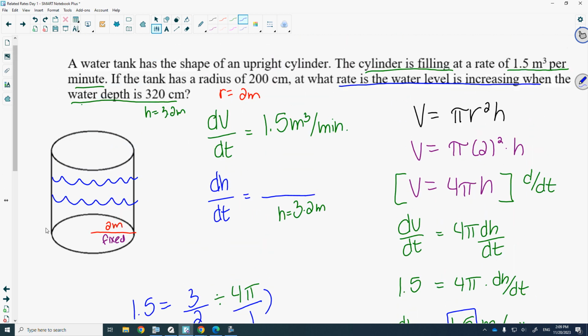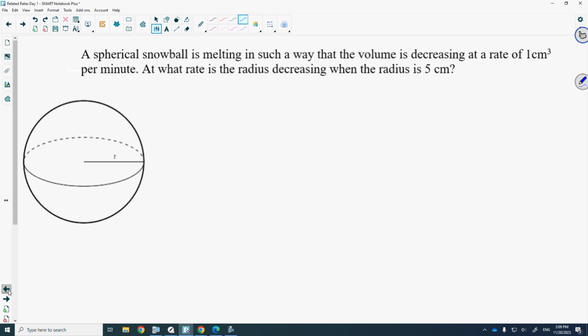Let's do one last example. And that would be this guy. We have a snowball that's melting in such a way that the volume is decreasing at a rate of 1 centimeter cubed per minute. So Emily, tell me what you want me to write for this.